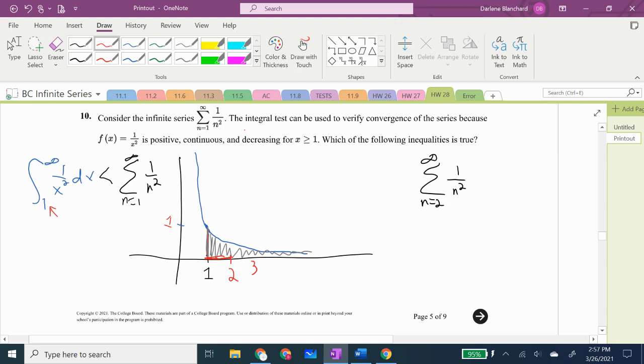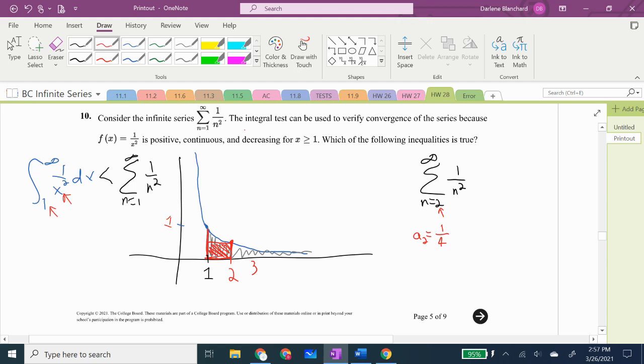Now, if I'm starting at n equals 2, then my first term is 1/4. But I'm still going to call that a sub 2. And that a sub 2 is found by plugging 2 into that x. So this length is my a sub 2. However, I need to make the area butt up against x equals 1 if I'm going to be able to compare these two.